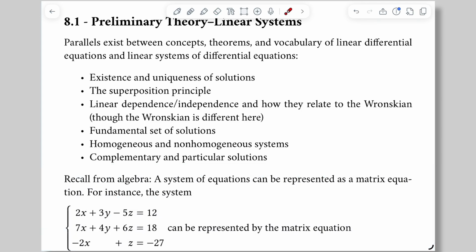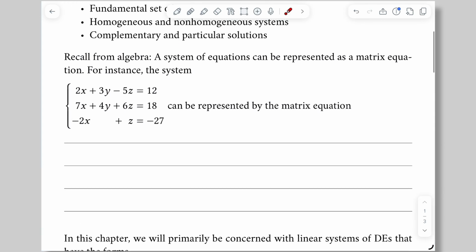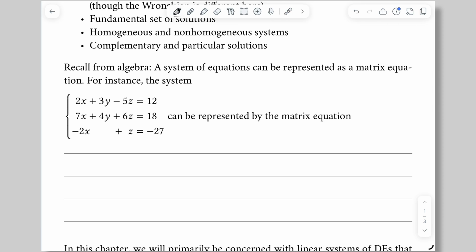I said we were going to be using a matrix approach, and our first look here is going to be how we represent a system of equations in algebra as a matrix equation. We have here the system 2x plus 3y minus 5z equals 12, 7x plus 4y plus 6z equals 18, and negative 2x plus z equals negative 27.